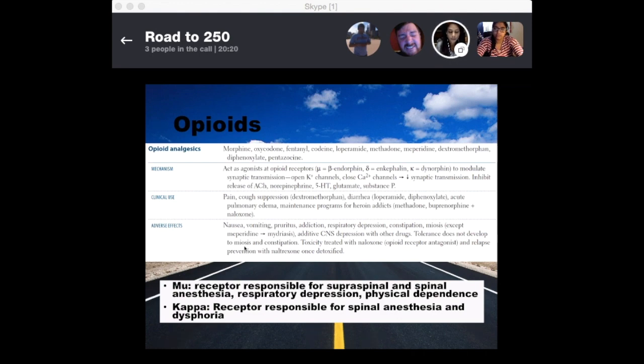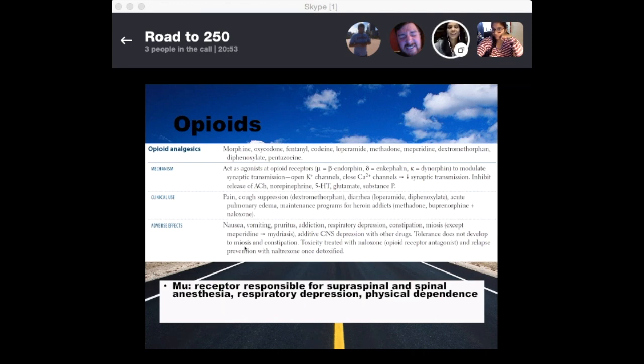And mu receptors are going to be the receptor responsible for the opioids that are going to be used for supraspinal and spinal anesthesia, respiratory depression, and physical dependence. Those are going to be our mu receptors. And then the other one that's more so seen is going to be the kappa receptor. And kappa receptor here is going to be responsible for spinal anesthesia and dysphoria.